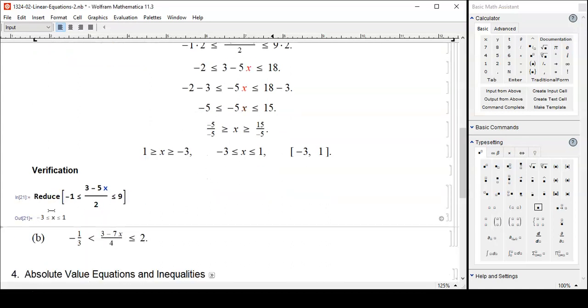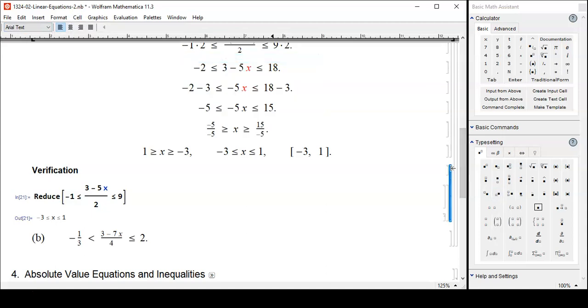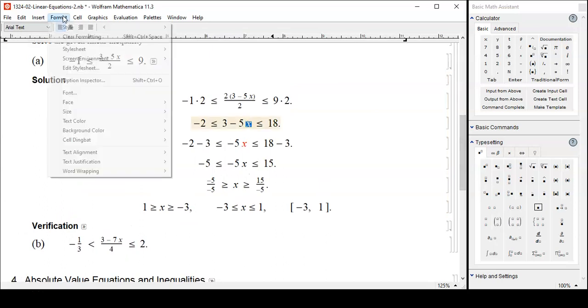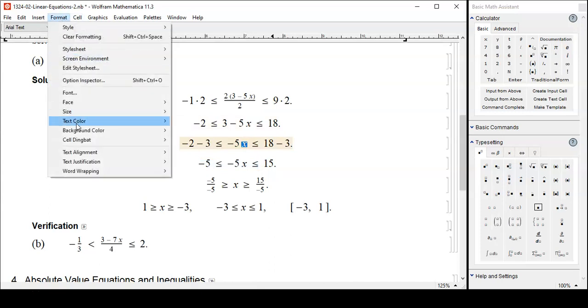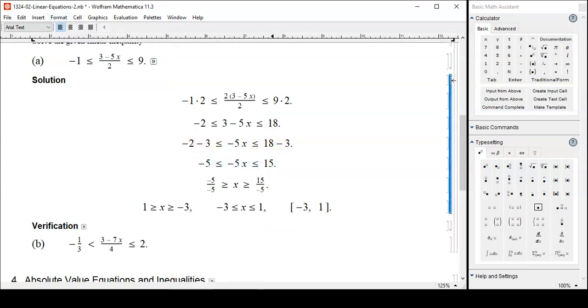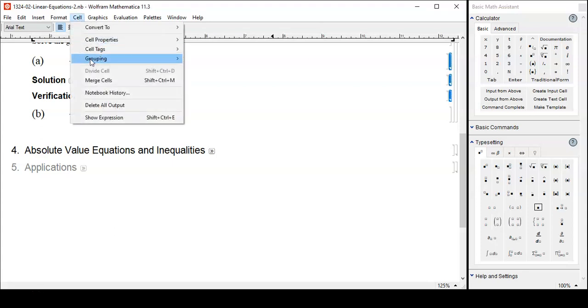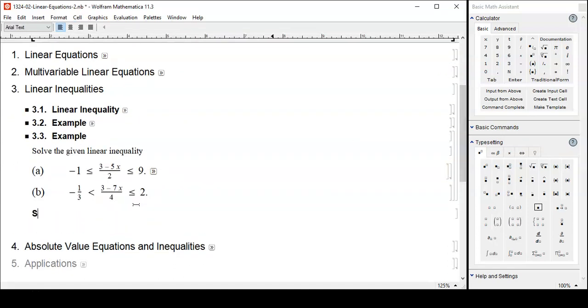And then indeed, between negative 3 and positive 1. Okay, how about the next problem?